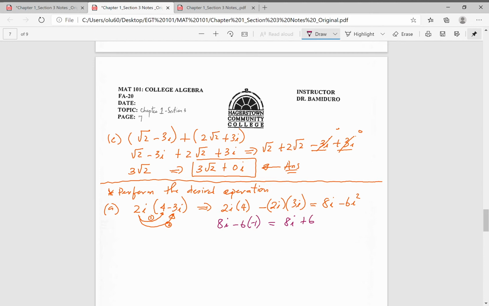So we can rearrange this and say 6 plus 8i. Okay? And that's in your a plus bi form. And this is your answer.